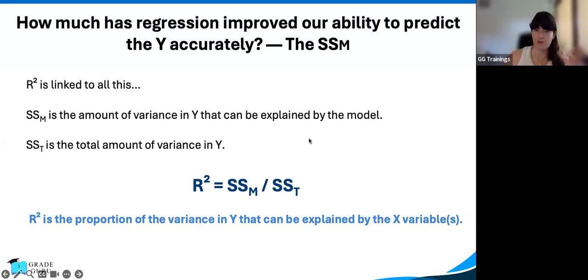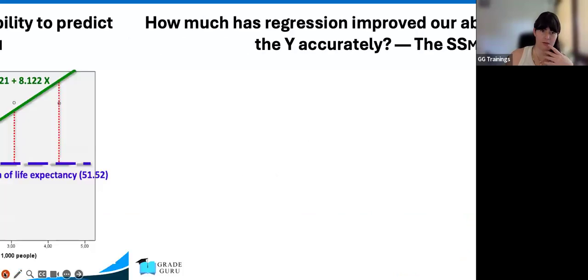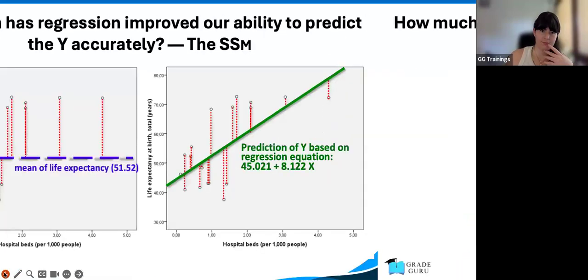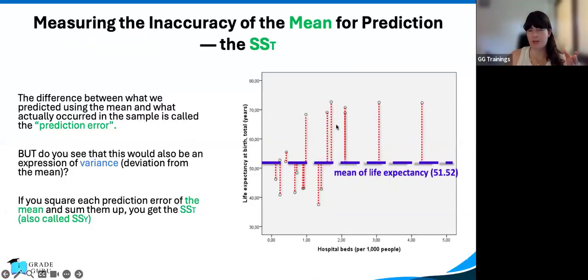Okay, so if you go back to the mean one, I actually wanted to point this out to you. All right, this one, if we look at the mean, okay? Here, I actually wrote it down. Do you see that this would also be an expression of variance, deviation from the mean, right? So in week 2, when we look at variance and standard deviation, okay, what do we look at? What is variance?